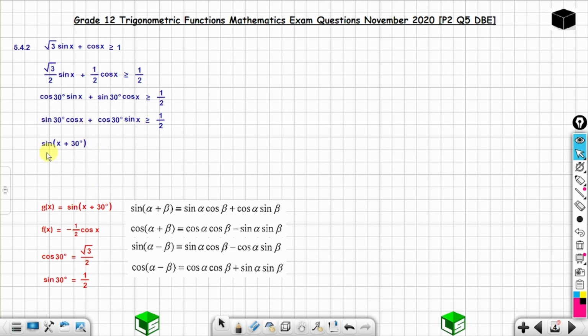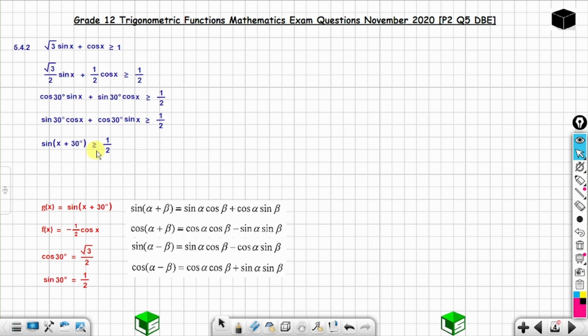This can be changed to this: sin x plus 30 degrees or sin of 30 degrees plus x, still the same, greater than or equal to 1 over 2. So this is equal to this because of compound angle identities. I'm going to make a video in which I discuss compound angle identities.